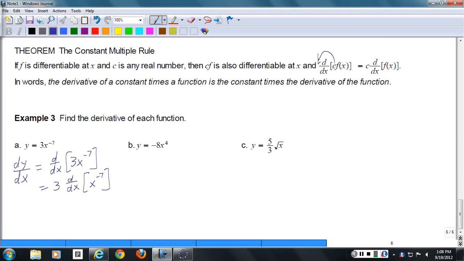So we find the derivative. I guess it'll take a couple of steps to find the derivative of x to the negative 7. This is 3 times negative 7 x to the negative 8. And now with the d/dx gone, at any time we feel like multiplying by 3, of course we can. This equals negative 21 x to the negative 8, which then we could write as negative 21 over x to the 8th.